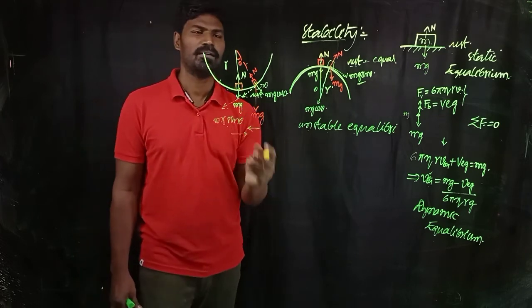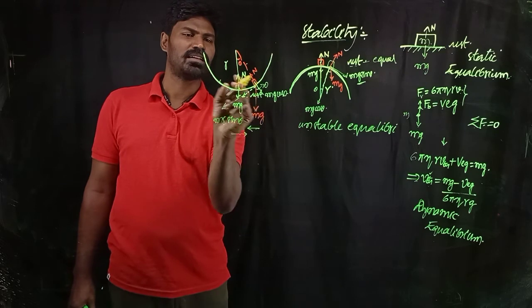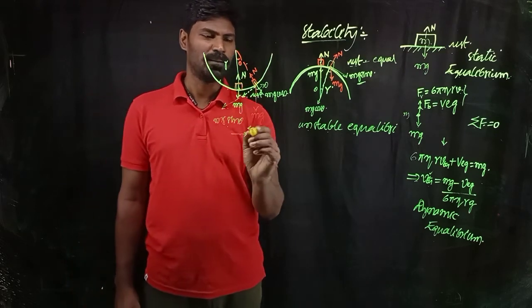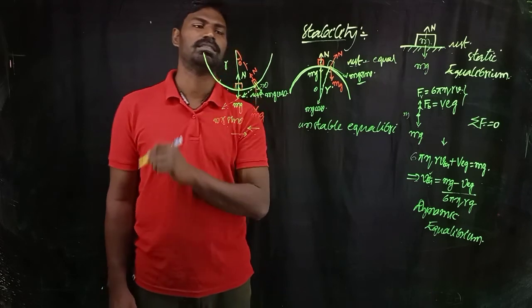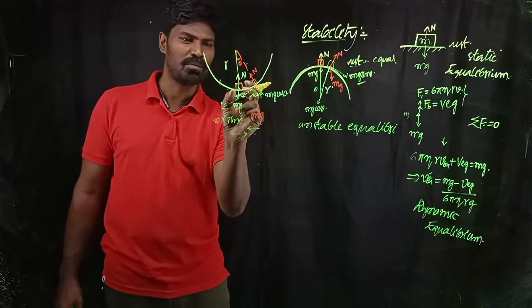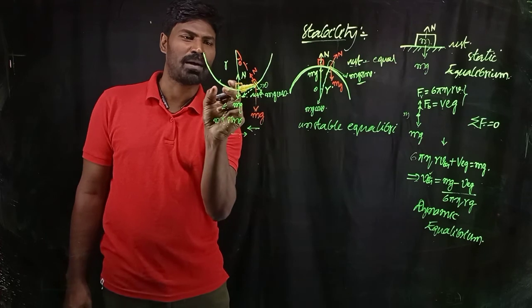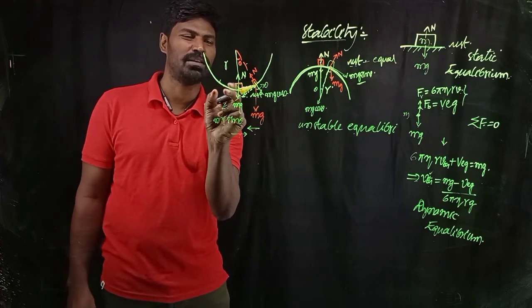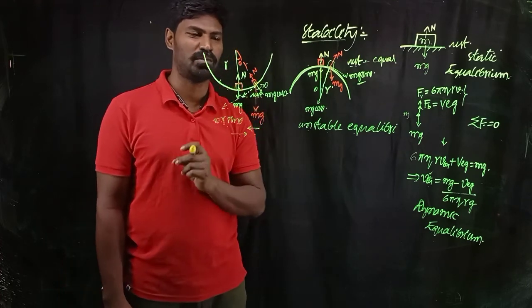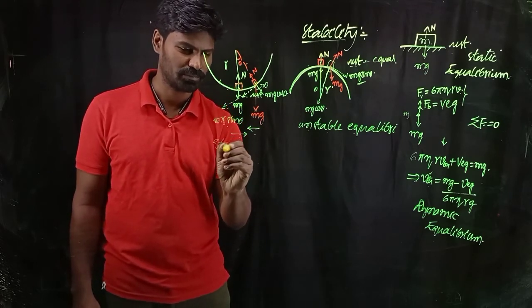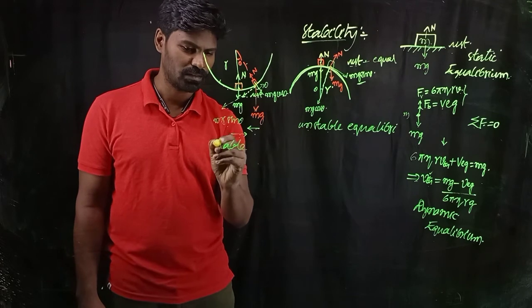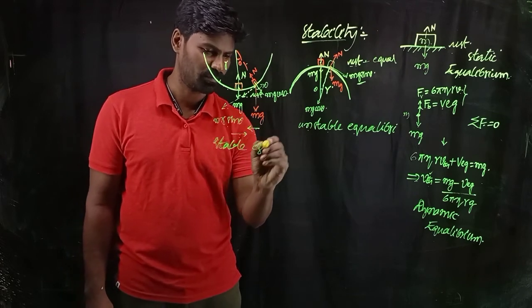Whatever it may be, once the body is slightly disturbed from its mean position, this restoring force causes the body to move back to its initial position. So this is actually a stable position. If I disturb the particle from its stable position, it comes towards the stable position again, because of which this equilibrium is called stable equilibrium.